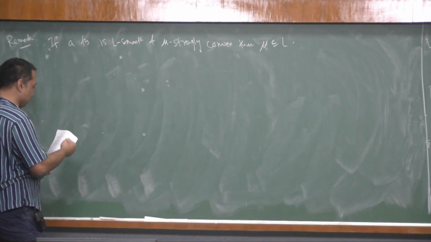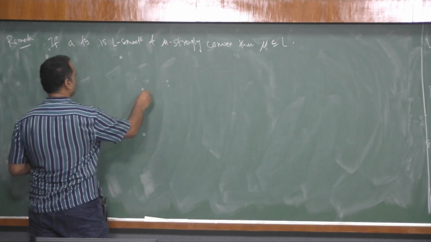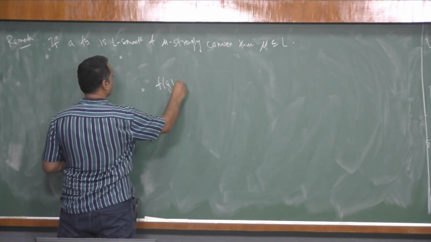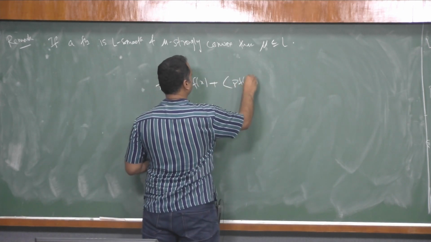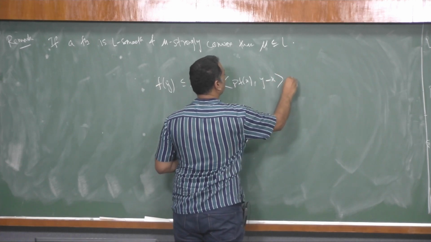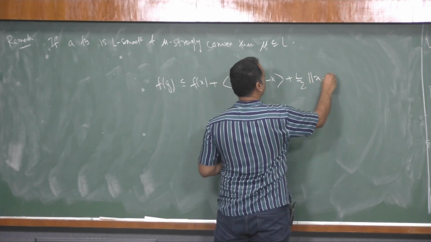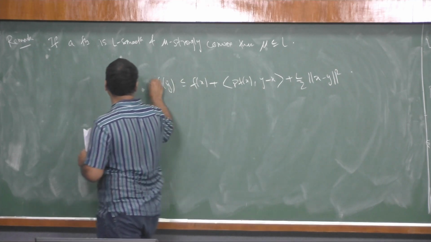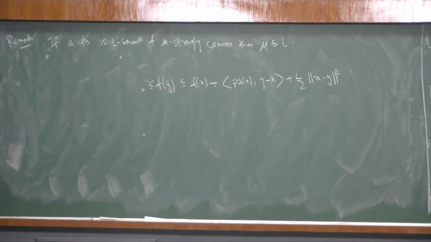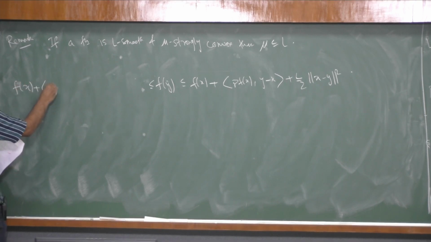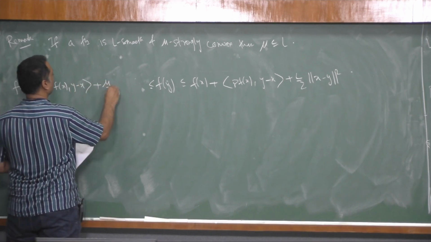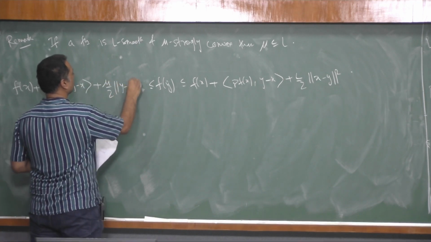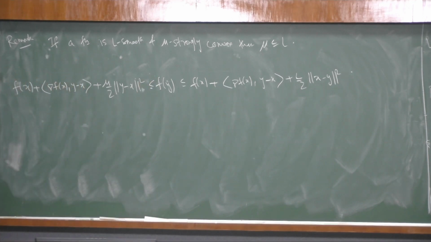So if we combine both, then I can write, f(y) is somewhere here. This is upper bounded by f(x) plus grad f(x) times (y minus x) plus L by 2 times norm of x minus y whole squared, and this is L smoothness. And in mu strong convexity, f(x) plus grad f(x) times (y minus x) plus mu by 2 times norm of y minus x whole squared. Okay.